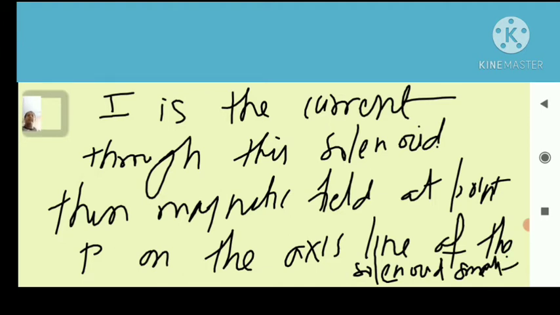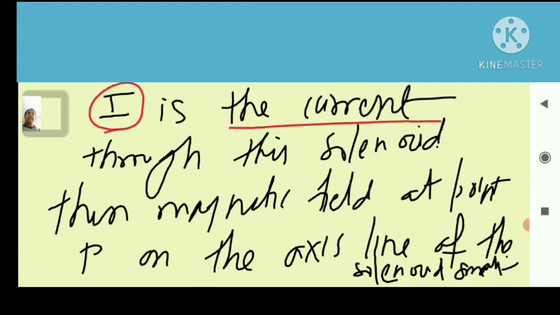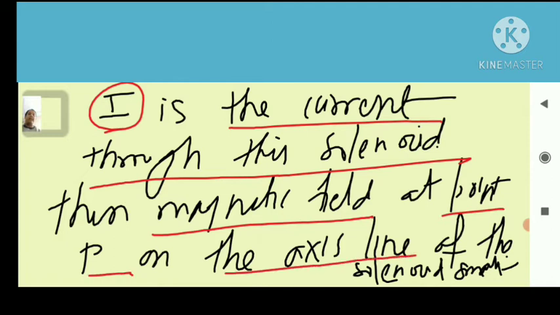So here I repeat again what we do. I is the current through this solenoid, then the magnetic field at point P on the axial line.